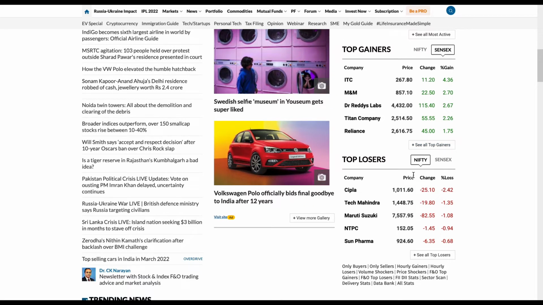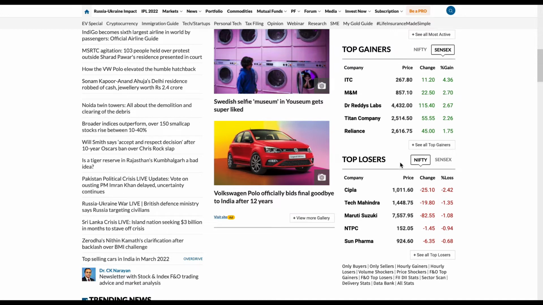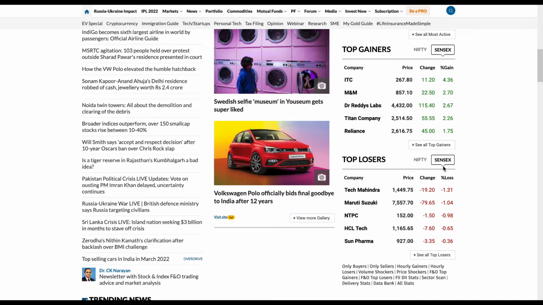The same logic can be applied to top losers, wherein the company has lost because of changes in the senior management positions or losses in the last financial year that have not been recovered, or market sentiments or market news or events. So here Cipla is a top loser in the Nifty with a percentage loss of 2%, whereas in Sensex there's Tech Mahindra who is the top loser with a percentage loss of 1.31.